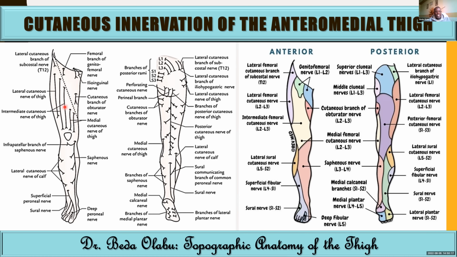Directly anterior and slightly medial, by branches of the femoral nerve. We call them the intermediate cutaneous nerve of the thigh, which is a branch of the femoral nerve, and the medial cutaneous nerve of the thigh, which is also a branch of the femoral nerve. So these apply at the directly anterior and medial aspect.